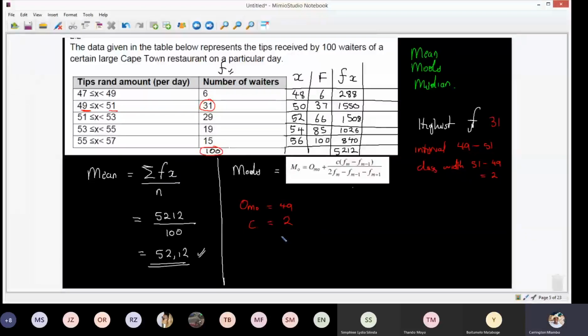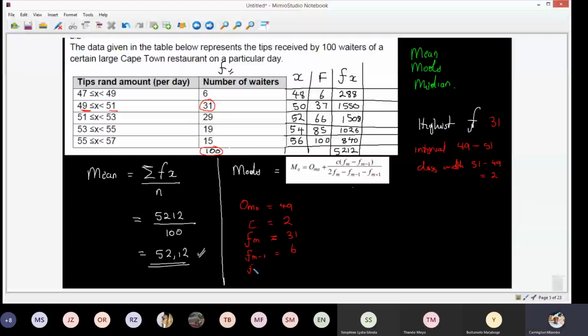Okay, what about the frequency of the mode? What is it? You found it already. It's 31. Then what is the previous frequency? The previous frequency is what? It's 6.